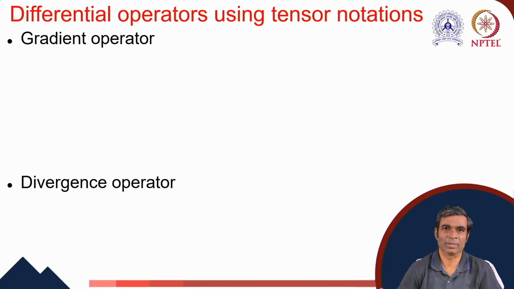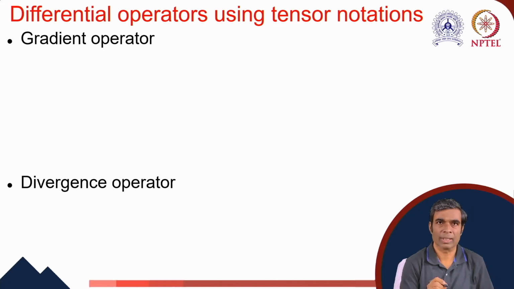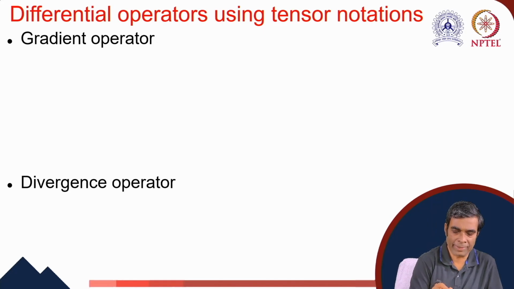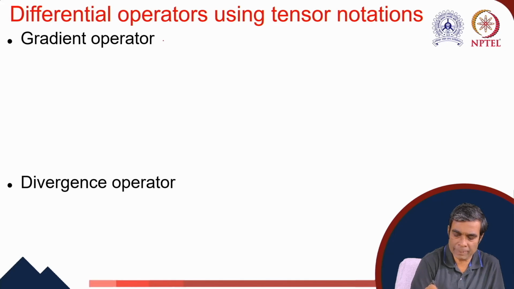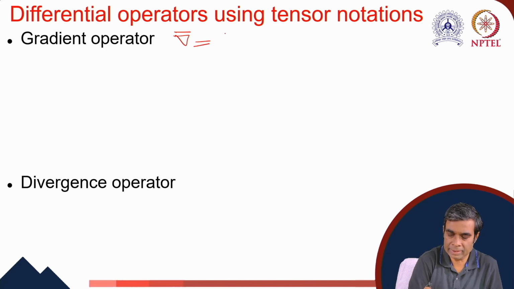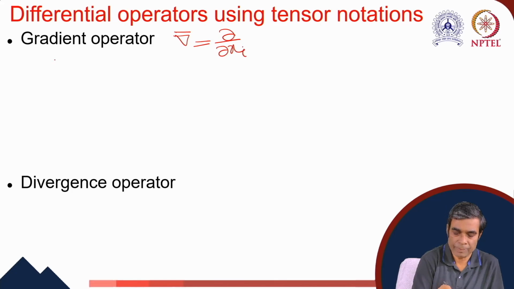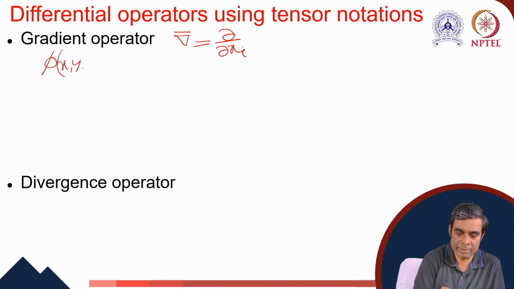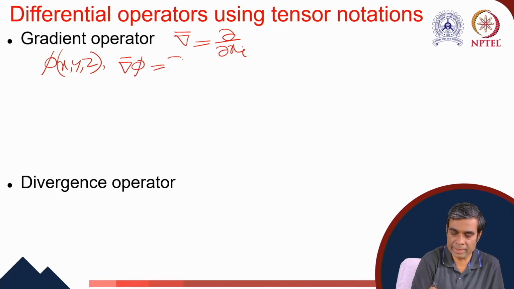First let us discuss the gradient operator. The gradient operator is denoted by the symbol del bar, which is the Nabla operator, written as del by del xi. If phi is a scalar quantity, which is a function of x, y, z, the gradient of phi, which is a vector quantity, is written as del phi by del xi.